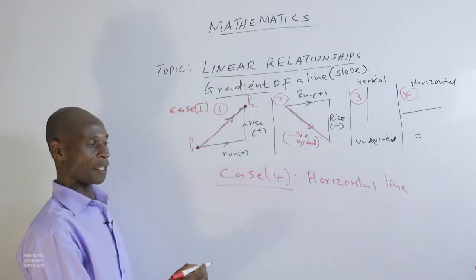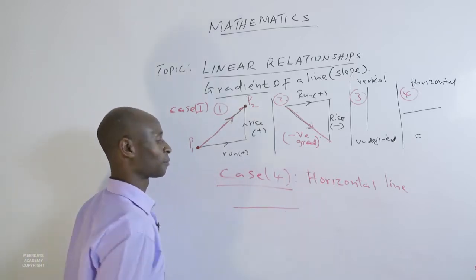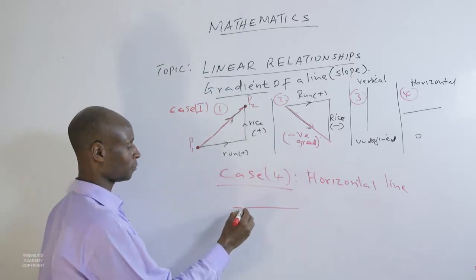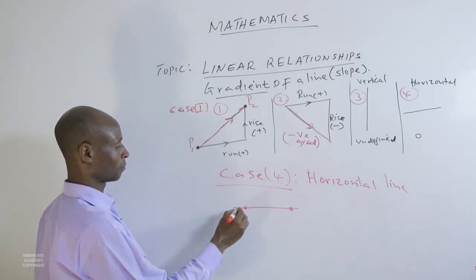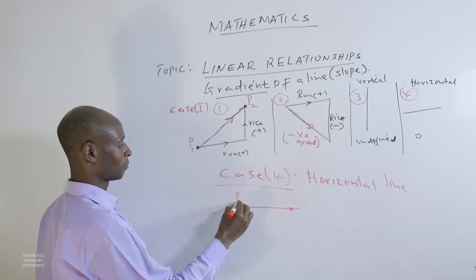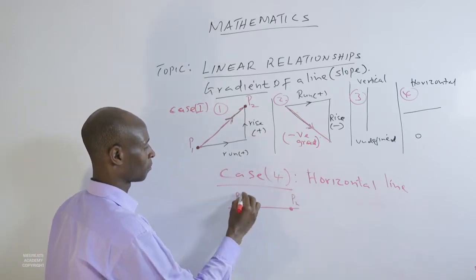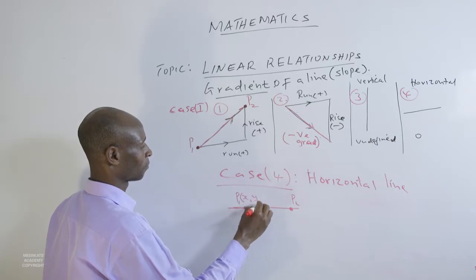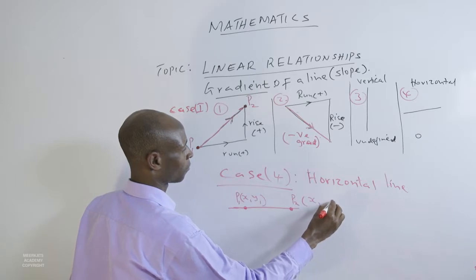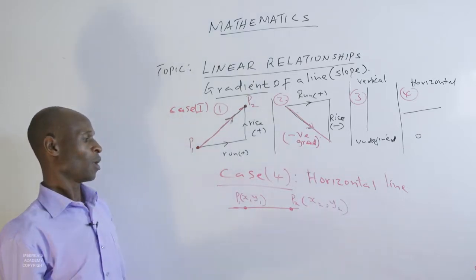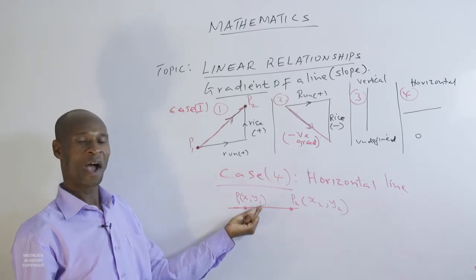The horizontal line is drawn as follows. So the coordinates of the first point is x1, y1.